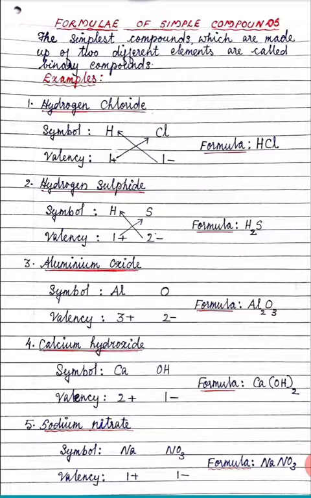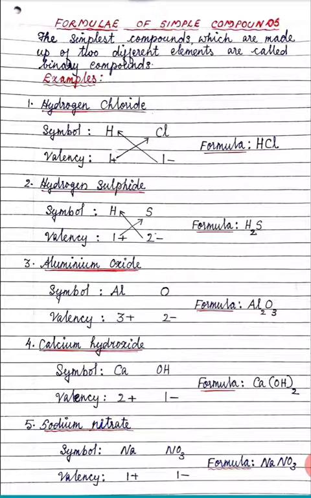Now calcium hydroxide. Calcium is Ca, hydroxyl is OH. Valency of calcium is 2 plus and that of hydroxyl OH is 1 minus. So here we get Ca(OH)2. Why the 2? We use a bracket when we have 2 or more of the same ions in the formula, as I told you in the rules.